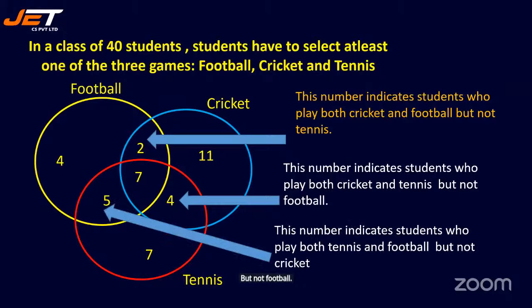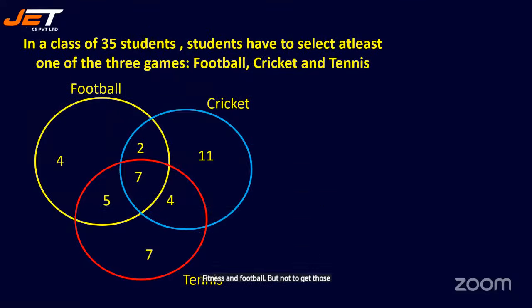Now this 5 indicates students who play both tennis and football, but not cricket. All right. So I repeat, the 5 indicates students who play tennis and football, but not cricket. All right. See the next question.